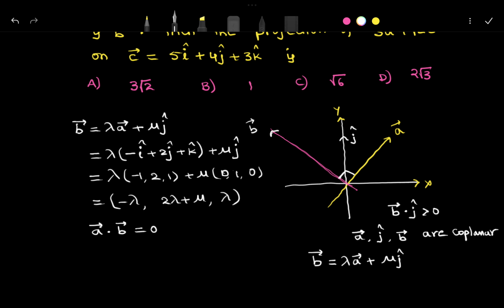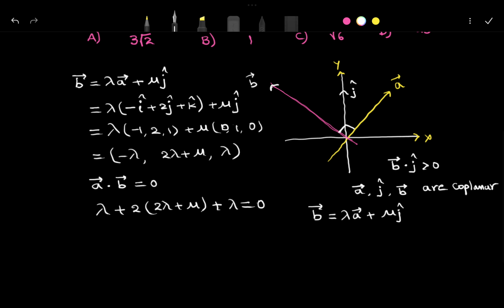By using the dot product, we can write lambda plus 2 into (2 lambda plus mu) plus lambda equals 0. Finally, 4 lambda plus 2 lambda is 6 lambda, so 6 lambda plus 2 mu equals 0.